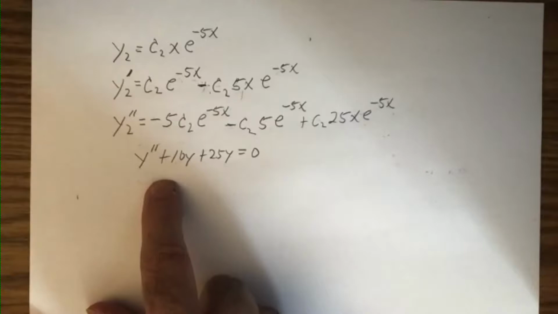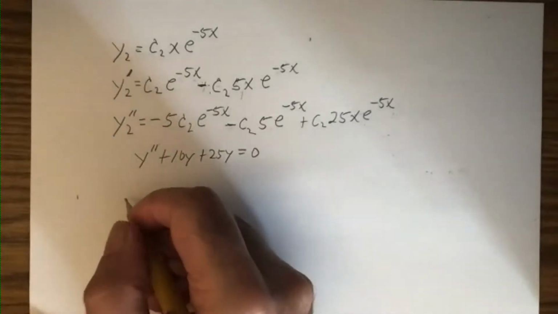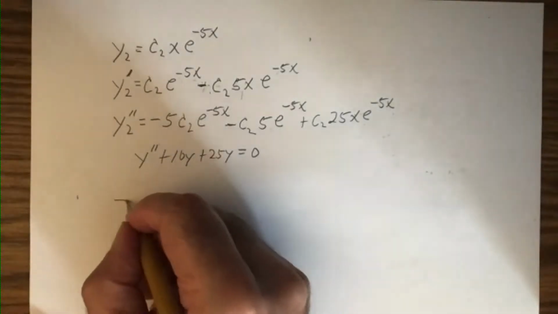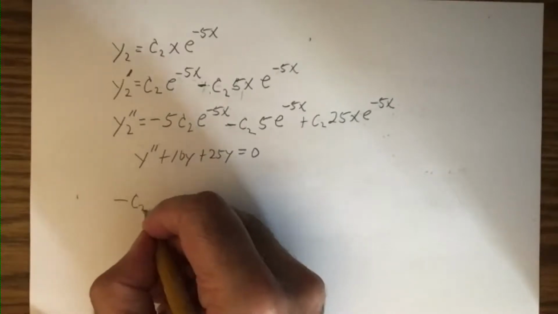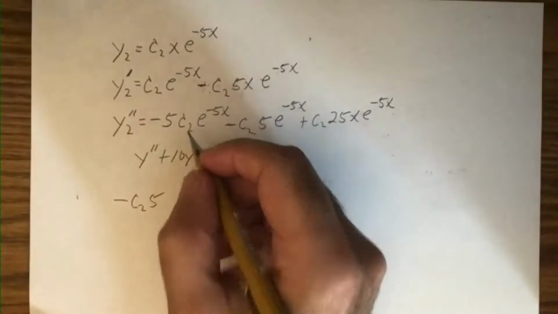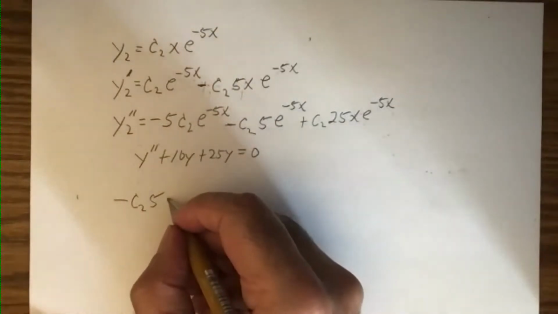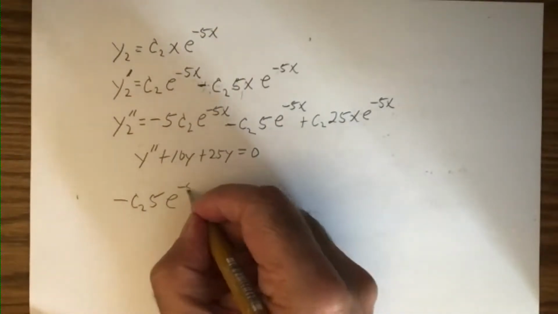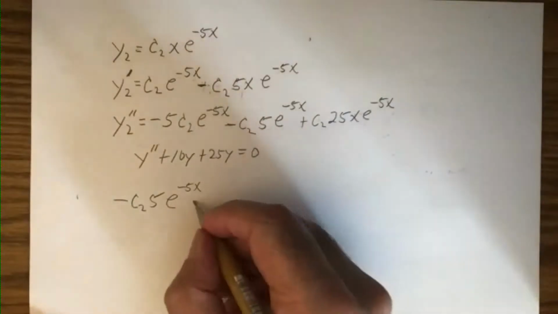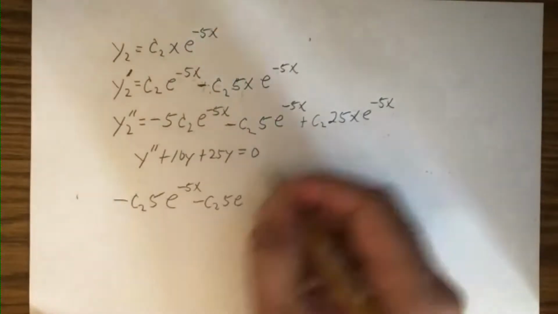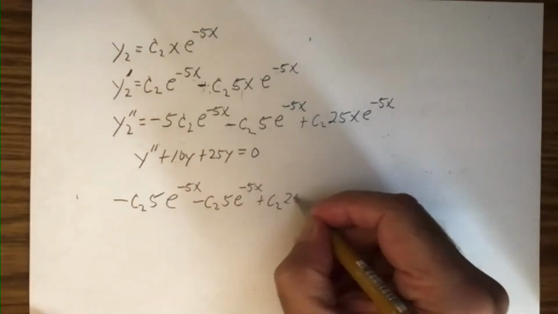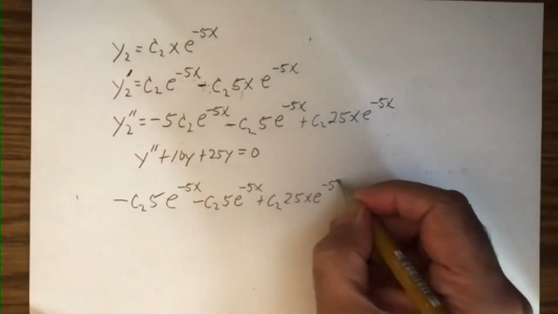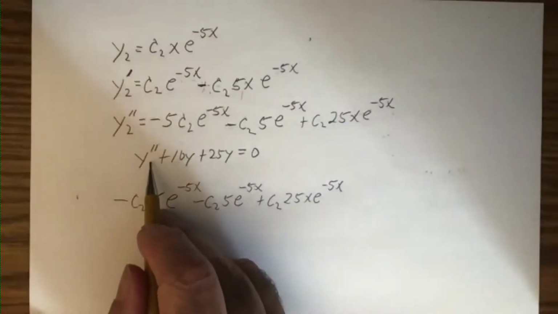I'm going to get minus 5 C2 e to the minus 5x, minus, I'm just copying this, that's y double prime.